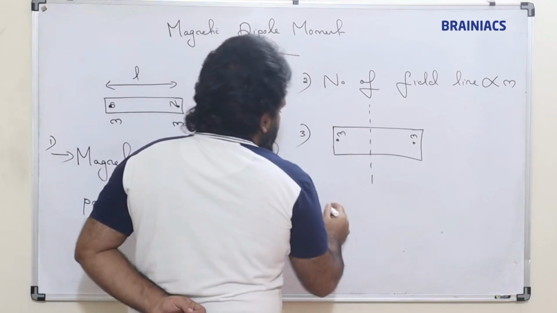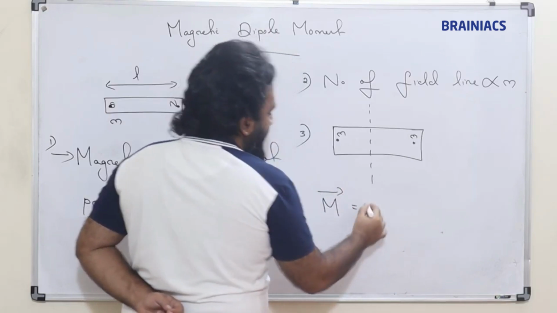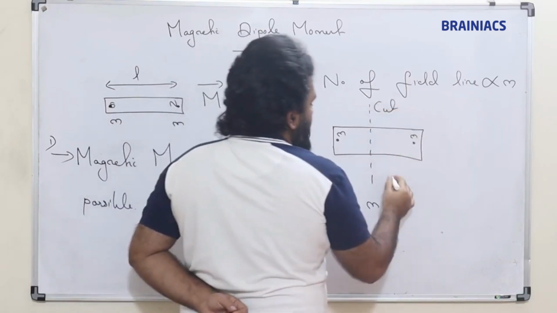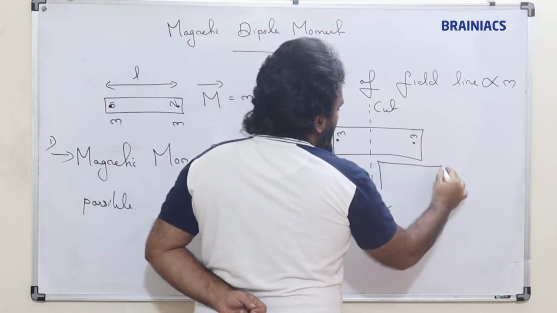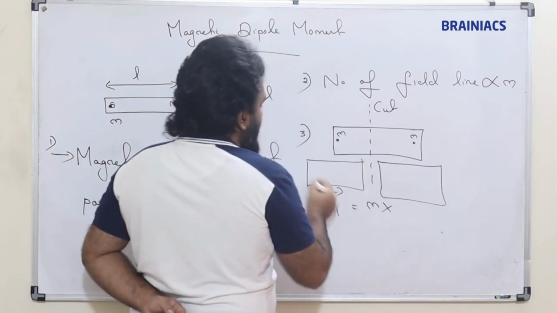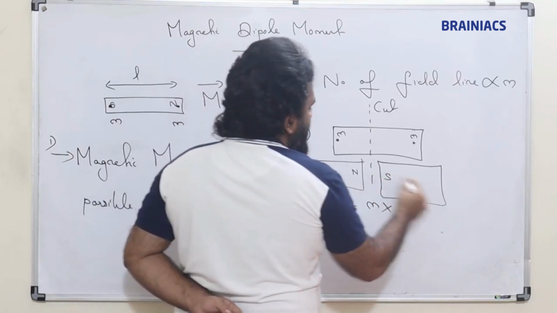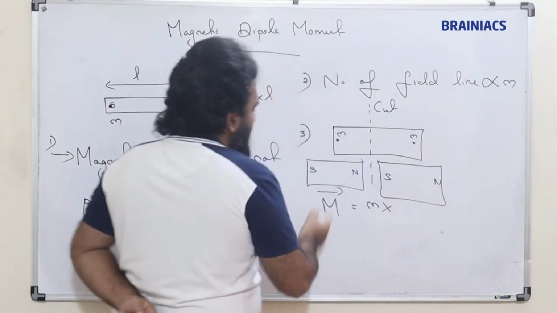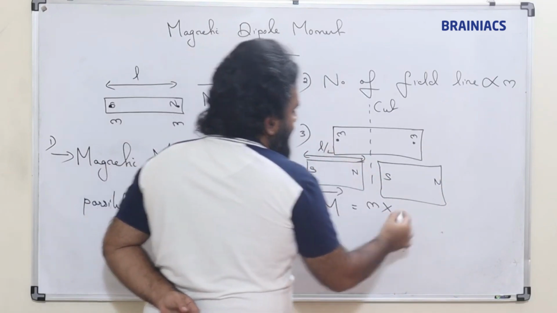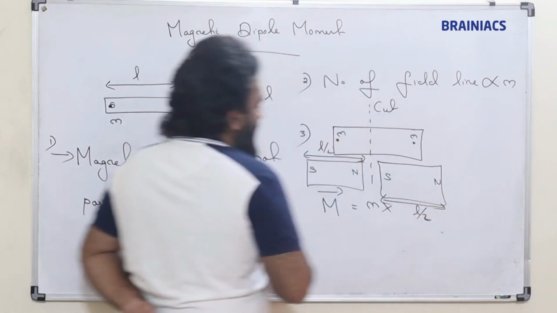So if I cut like this, the magnetic dipole moment will become what? M into, when we cut like this, this will become one piece like this, this will become another piece like this. Now this will become again south pole, again north pole, again south pole, again north pole. Now this length is now L by 2, and this length is also L by 2. Correct.